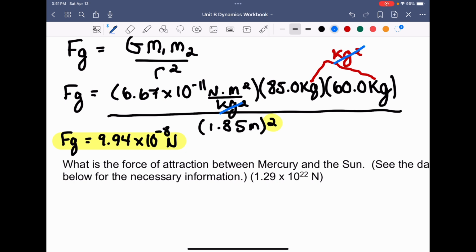Great, kilograms are gone. Now the meters squared in the denominator goes away with the meters squared in the numerator, leaving me with newtons. This is the power of the gravitational constant: not only does it provide meaning to the masses, it also allows us to cancel the units so we get the force we're looking for in newtons.